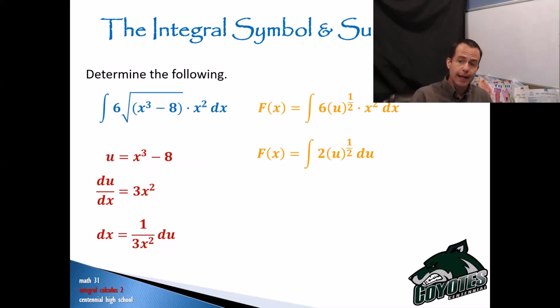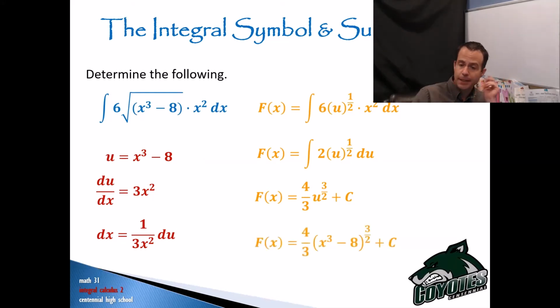So 1/2 goes up to 3 over 2, which means I have to take the 2 and divide by 3 over 2, which is the same as saying 2 times 2 over 3, so that'll be 4 over 3. So I end up with 4 over 3 u to the 3 over 2 plus c. Okay, so now I just have to put u back. And I end up with big F of x is 4 over 3, x cubed minus 8 to the 3 over 2 plus c.